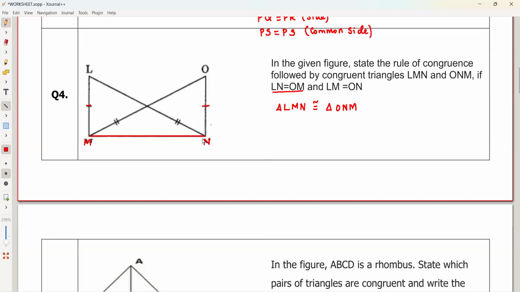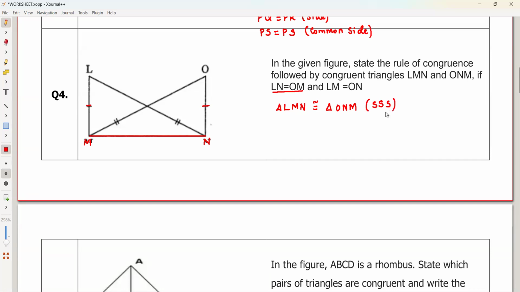Here also MN, and this is NM. So we can say that these two triangles are congruent, so that is based on side.